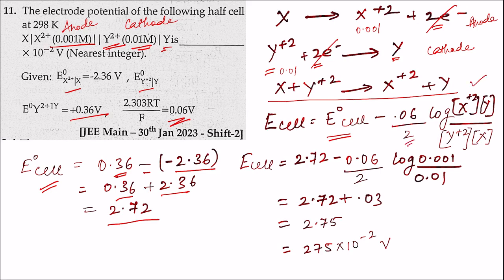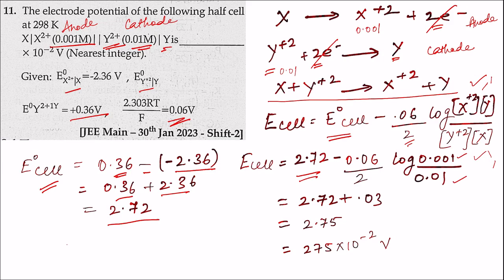Log product divided by reactant: X plus 2 ion multiplied by Y, divided by concentration of Y plus 2 ions multiplied by X. Now concentration of Y, since it is in its atomic state, will be taken as 1, X will be taken as 1. Putting the values, E cell is equal to 2.72 minus 0.06 divided by 2 log 0.001 divided by 0.01.